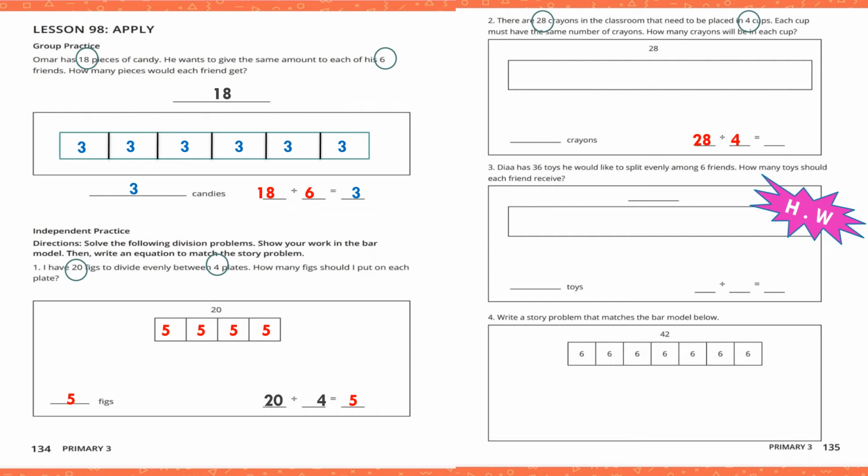And I will divide this bar into 4 equal parts. 28 divided by 4 equals 7. So each cup has 7 crayons. You can solve this by yourself.